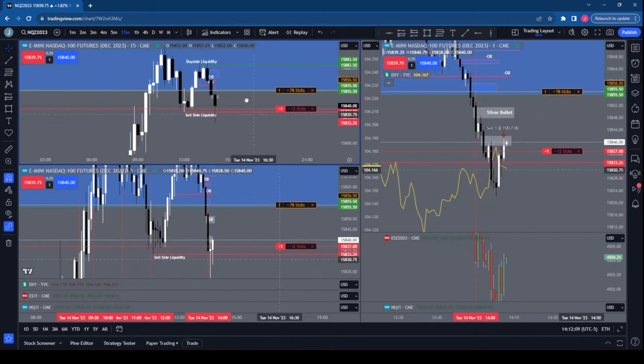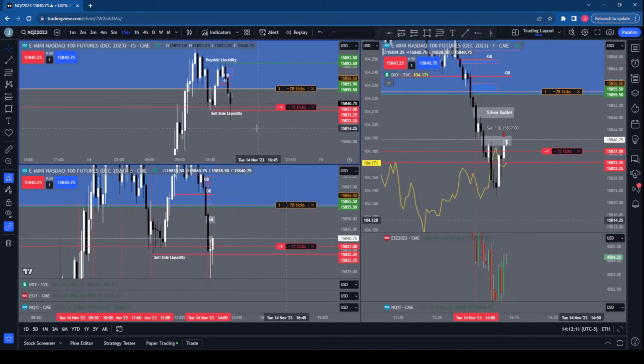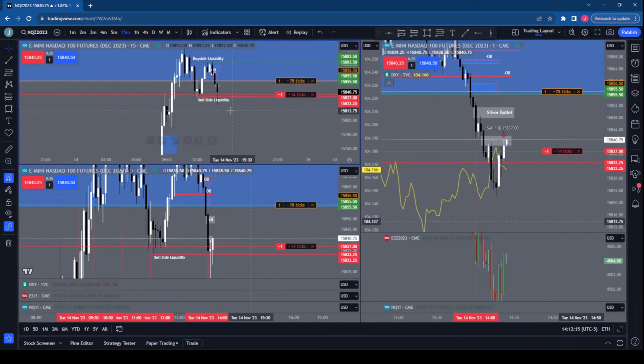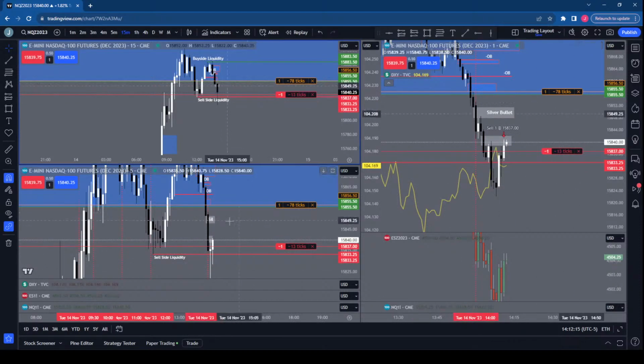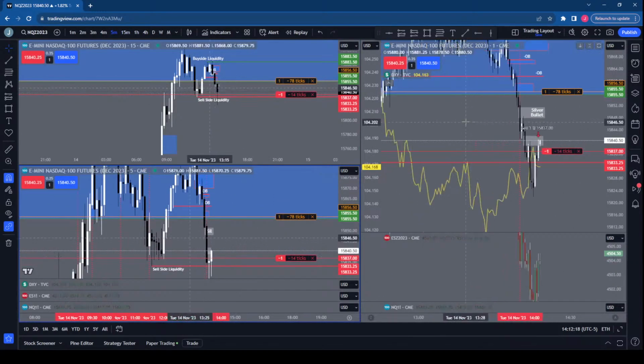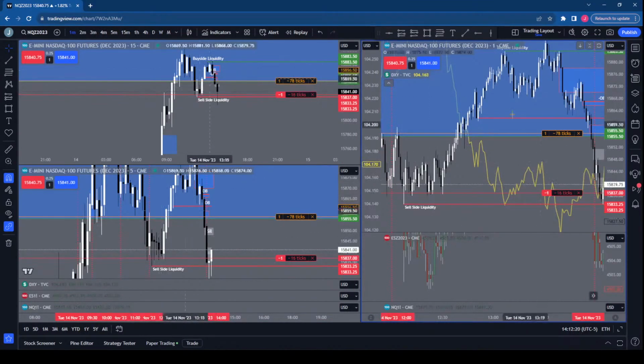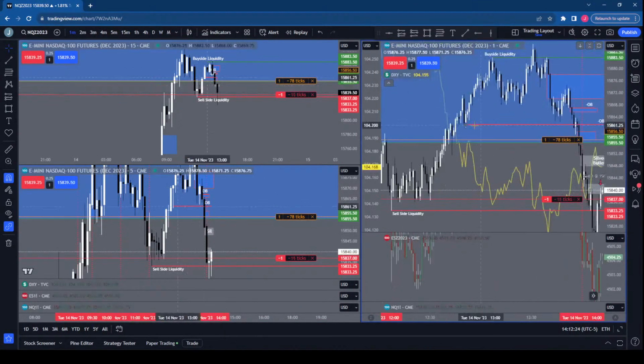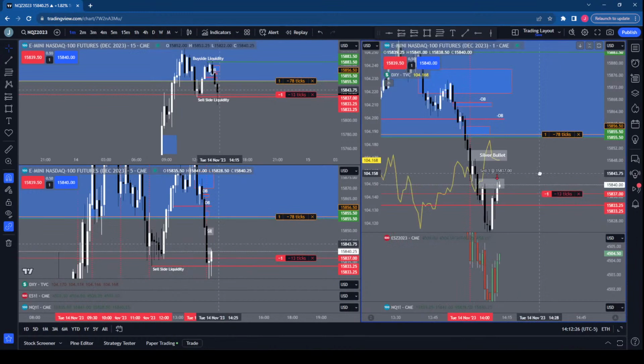You know, I am a little nervous about that entry just because of how deep of a discount I think we are in on the higher time frame. And I really liked that setup because it was just a pretty obvious market maker sell model.